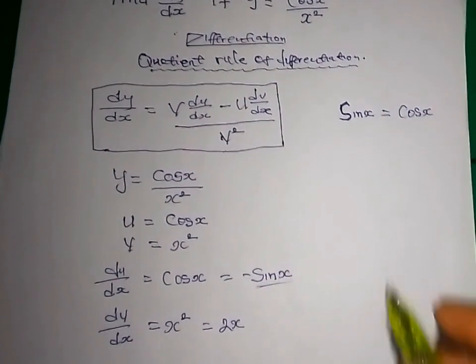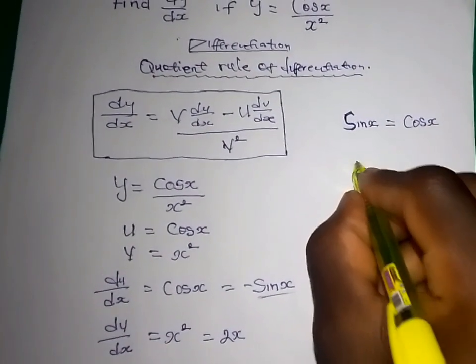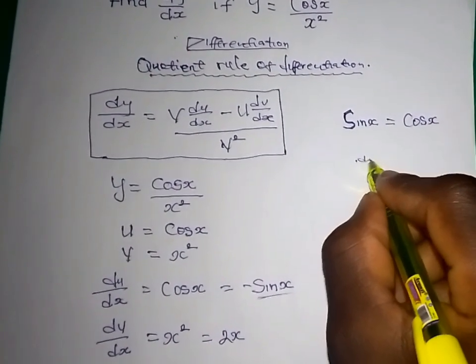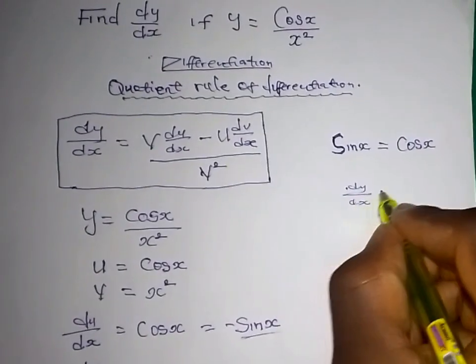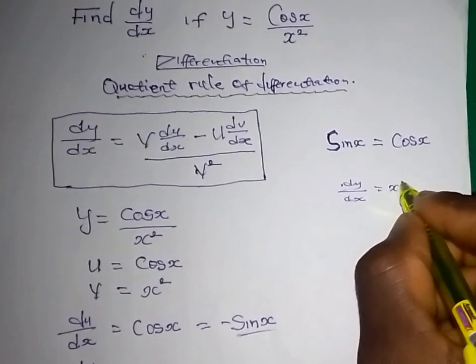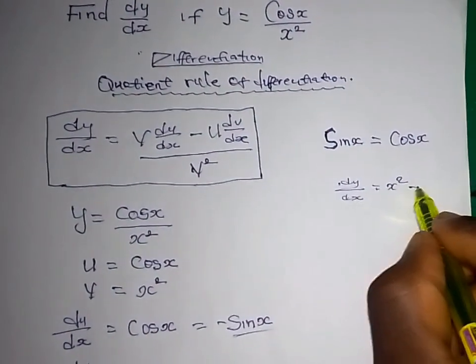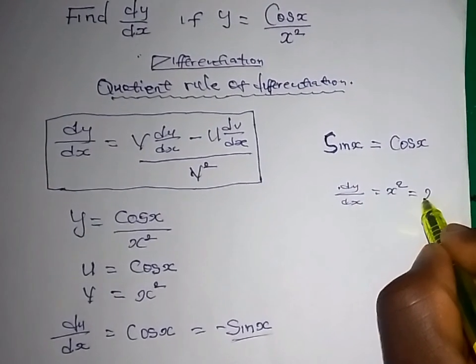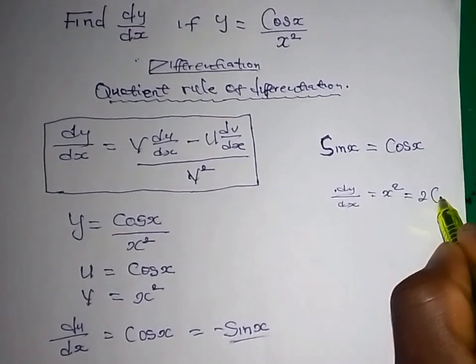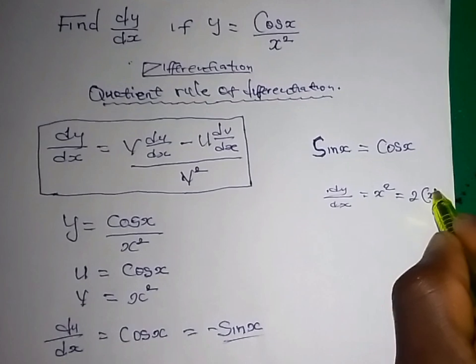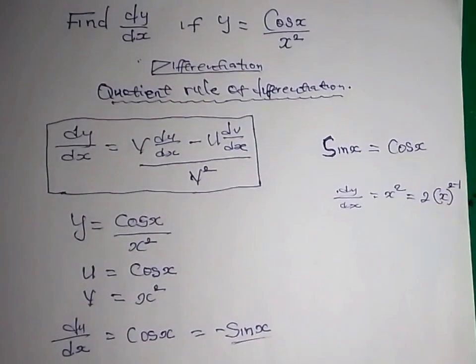Now, let's use the general method of differentiation. Let's say we have dy all over dx equal to x squared. That means we will be getting 2 in bracket x raised to power 2 minus 1.